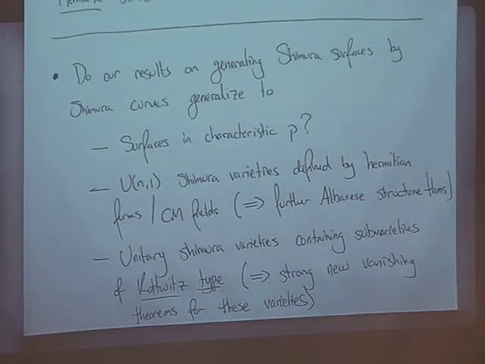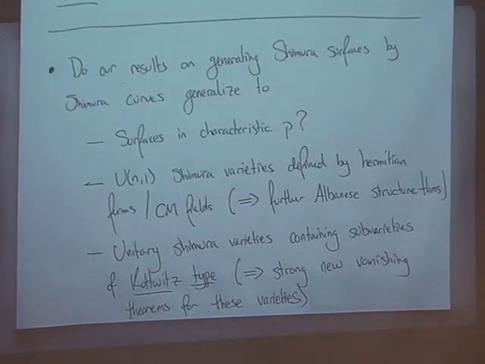So if you could prove that those unitary Shimura varieties coming from matrices over division algebras were generated by the Kottwitz type subvarieties, you could apply a bunch of results of Kottwitz, Clozel, Rogawski. Rogawski was really the original one to prove these strong vanishing theorems, and then Clozel generalized it from U(2,1) to U(n,1).